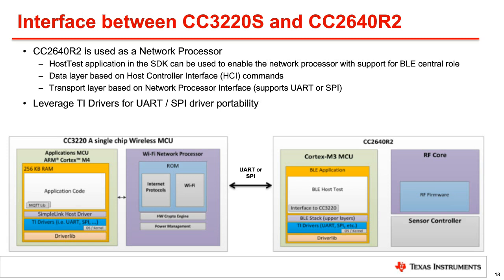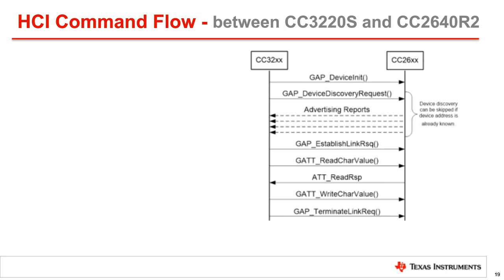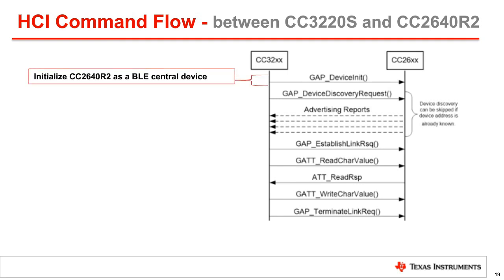A basic HCI command flow that can be used to identify and establish a connection to BLE peripherals is shown here. First, the CC3220 host can use the device init command to set up the CC2640R2 in a central role when it's acting as a network processor.